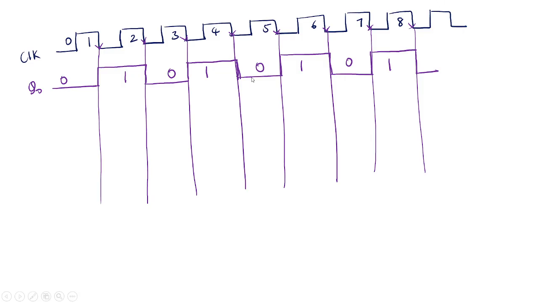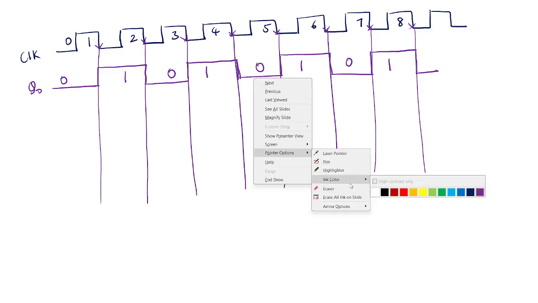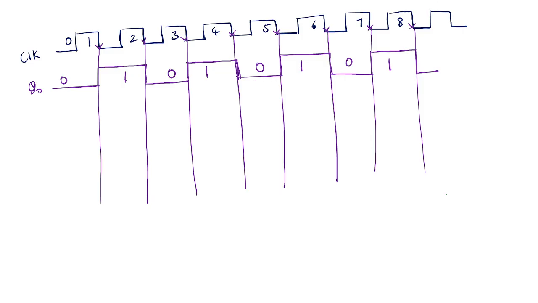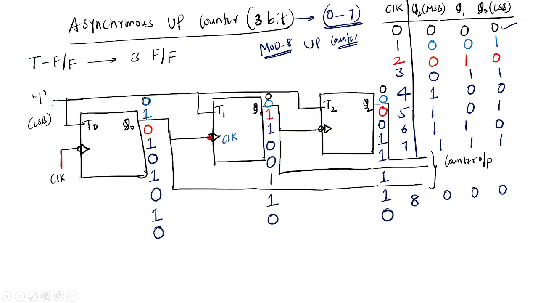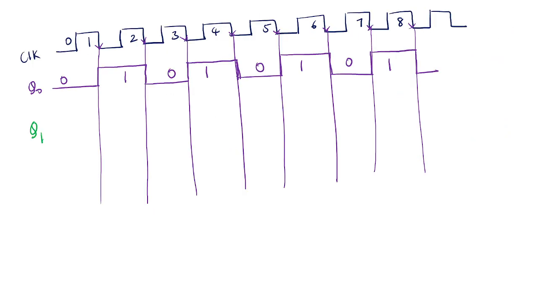Next, what happens? This Q naught is acting as the clock for the next flip-flop, so it acts as a negative edge. Initially Q1 is 0 only.